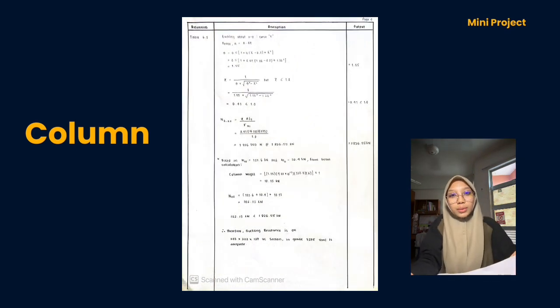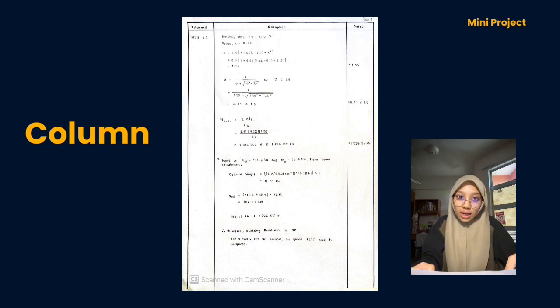Also use table 6.1, which is buckling about ZZ curve C. Hence, alpha is equal to 0.49. Our phi is 1.55. Our chi is 0.41, which is less than 1.0.